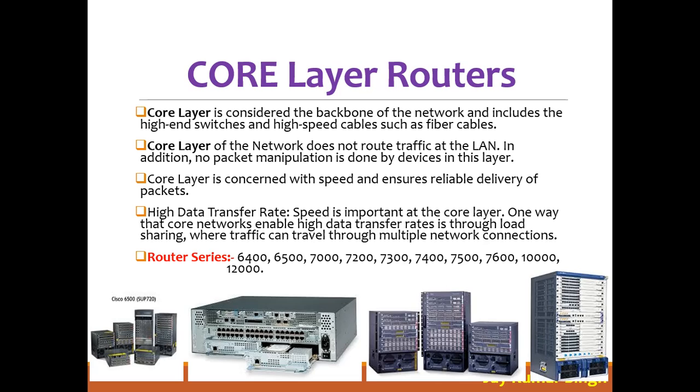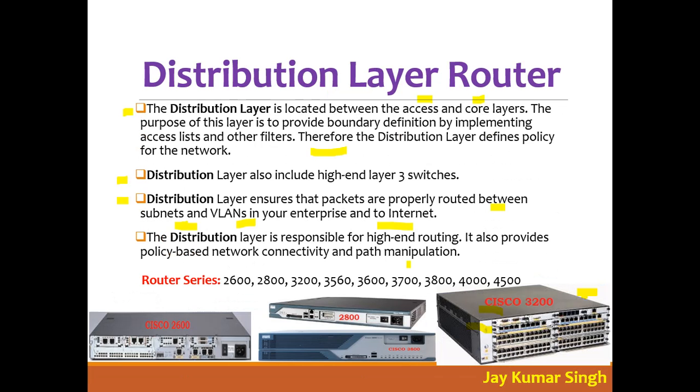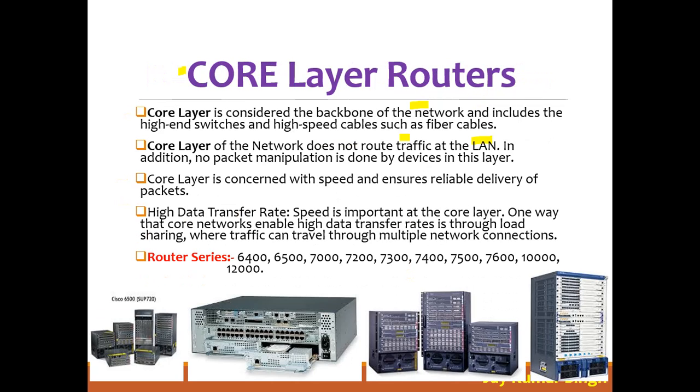Now the core layer routers. The core layer is considered the backbone of the network, and includes high-end switches and high-speed cables such as fiber cables. The core layer does not route traffic at the LAN. It is not used for routing, only for data forwarding at high speed, because I have already done the routing at the distribution layer, so why should I do routing again?